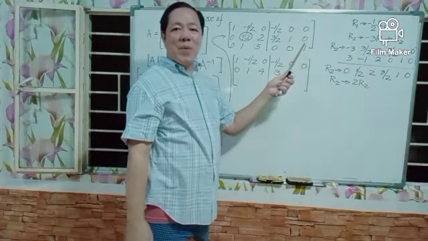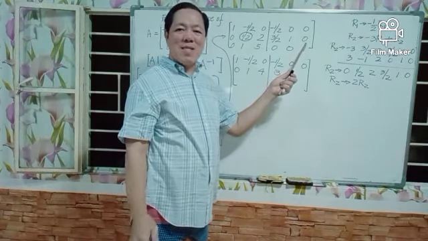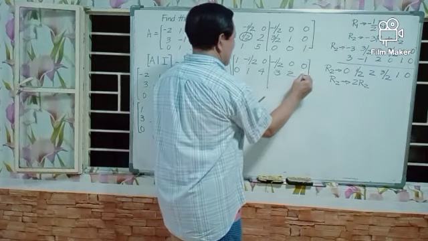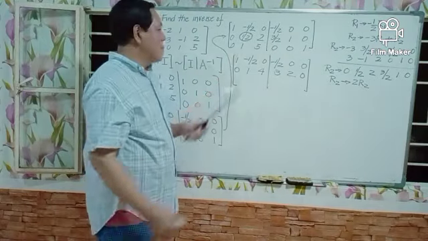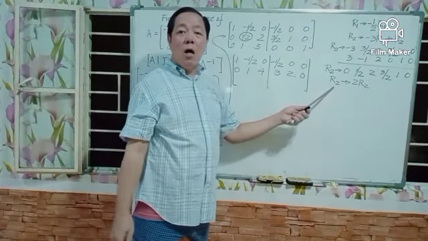And 0 multiplied by 2 is 0. The entries of the last row are the same because we only operate on the second row.